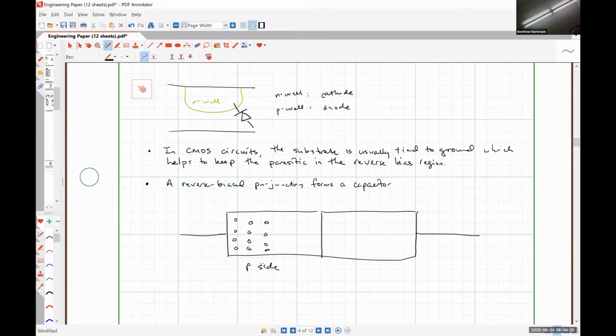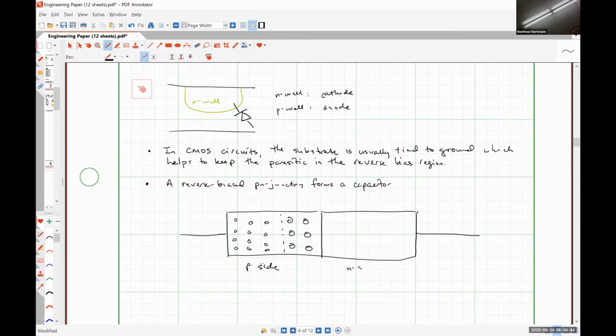And closer to the junction itself, we have ionized acceptor atoms, right? So they gave up their hole, so that's why they're negatively charged.